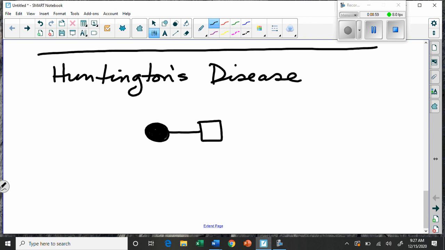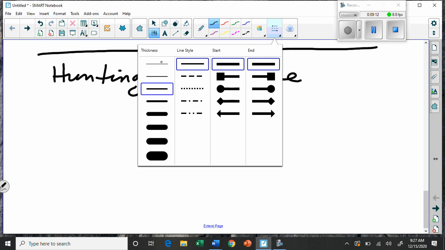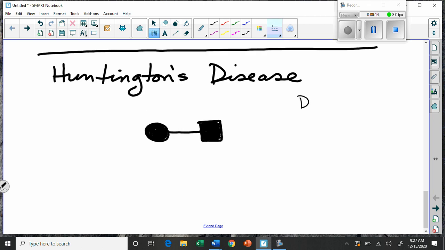Now what's interesting about this disease is it's dominant. So if you write that down on the side, it's a dominant thing. So that means that all you need is one allele to have this condition. So here's two parents, both of them who have the condition, but then they decide to have children.